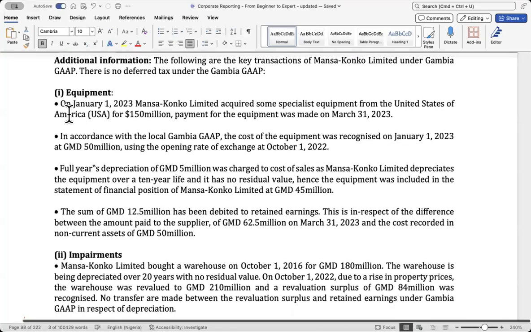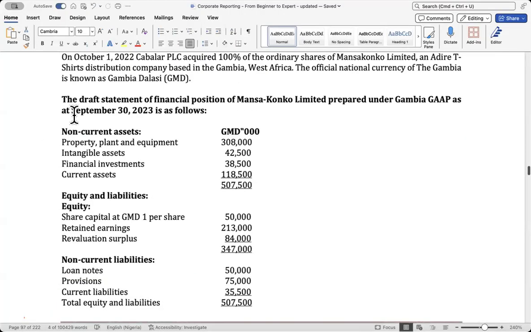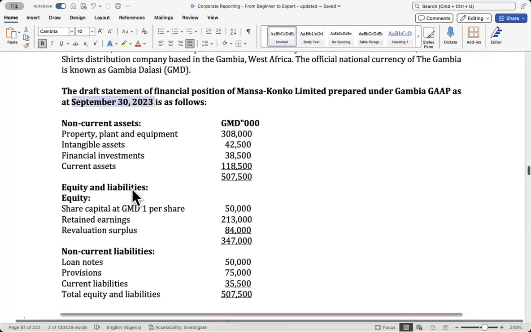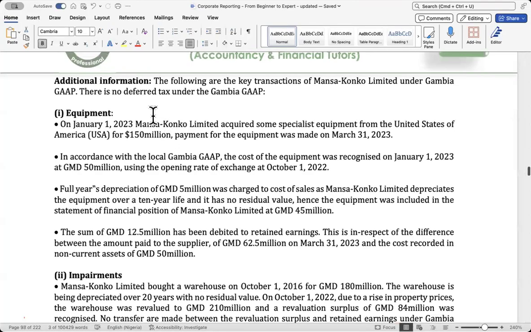So the first one was equipment, which they told us that in January, which is not the beginning of the year, because the year end of Mansa is September. So this January is just within the year. Mansa acquired equipment from the US for $150 million, and is not paying until March.